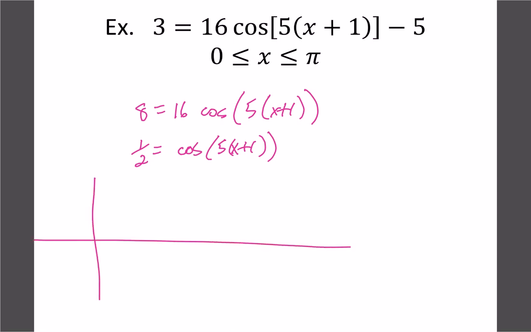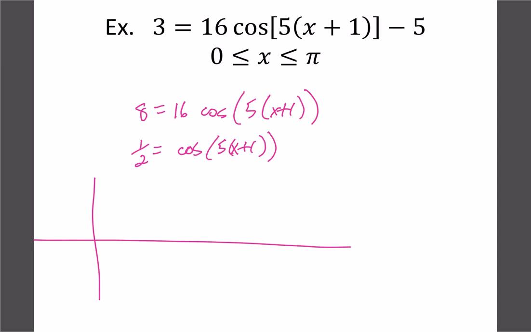So we'd have cos of 5 brackets x plus 1. So when we graph that one, now we can see that we basically get a 1/5 stretch, so we're moving this thing 5 times closer. So our cosine graph, and we're moving it 1 up, so it gets shifted upwards a little bit.